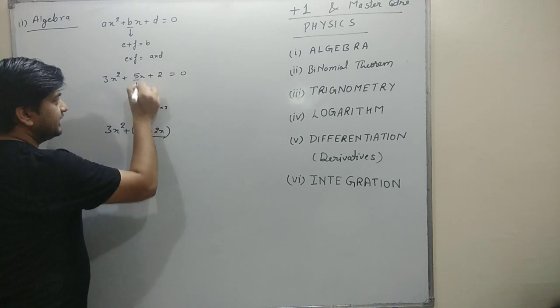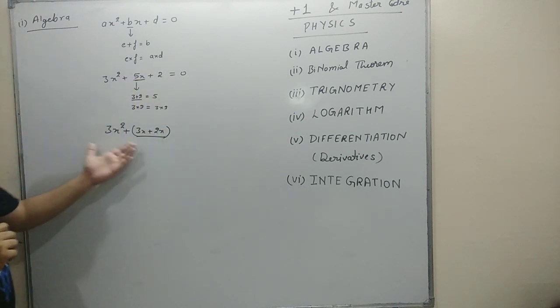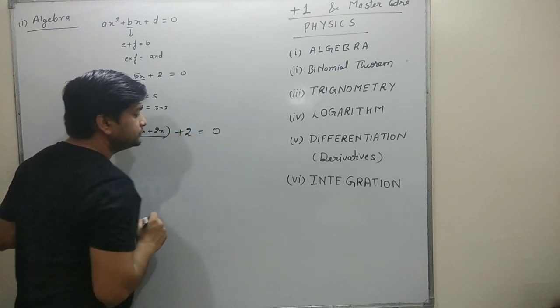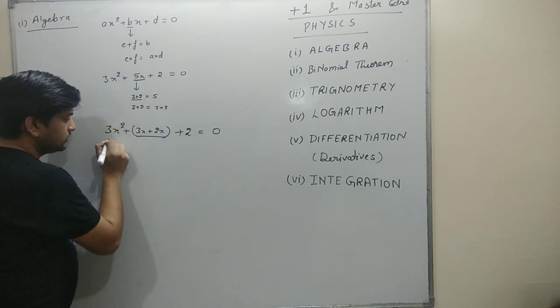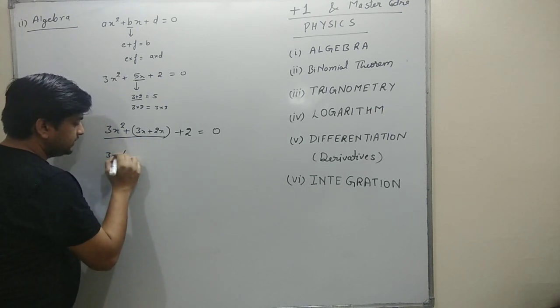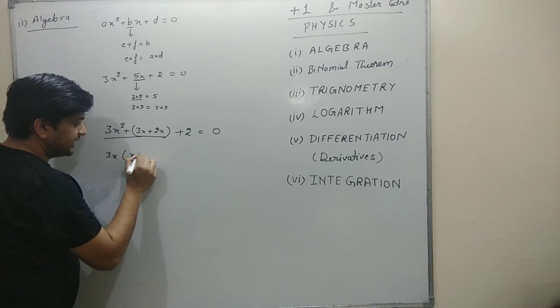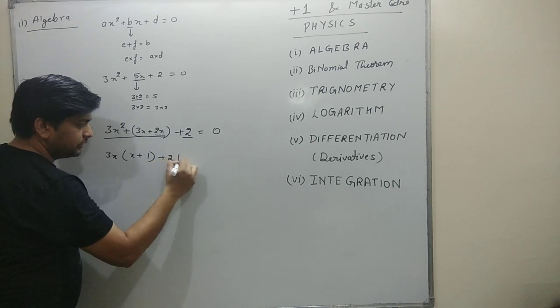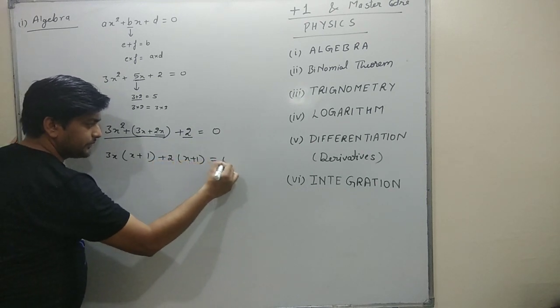So I can write it as 3x squared plus 3x plus 2x plus 2 equal to 0. So from the first two terms I can take out the common term, that is 3x, x plus 1, and from this only 2, again x plus 1.